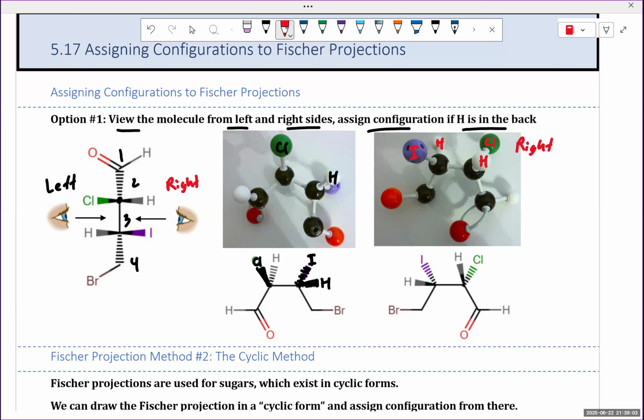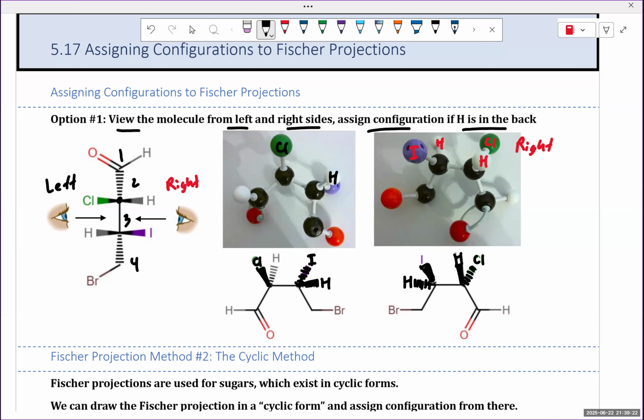So in this case, the iodine would get a wedge and the hydrogen would get a dash. While the hydrogen on carbon 2 would get a wedge and the chlorine would get a dash.